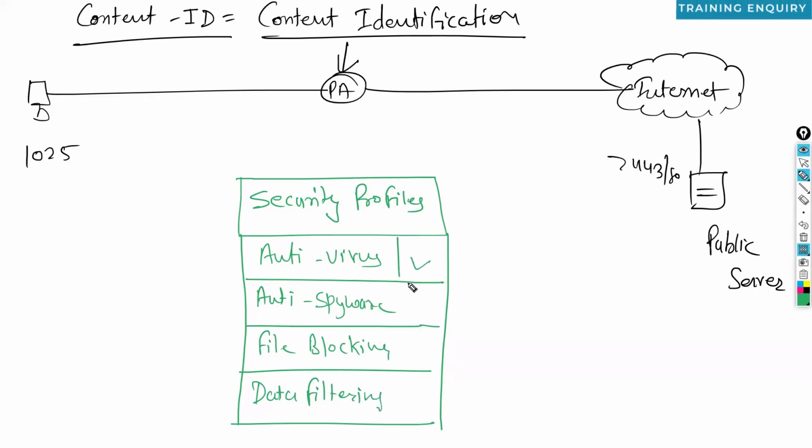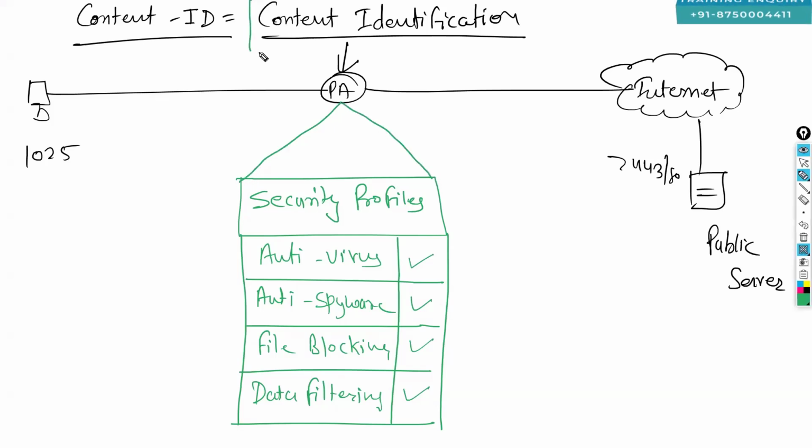So we need to enable antivirus, anti-spyware, file blocking, and data filtering profile. When we are enabling these things on Palo Alto Firewall, that will be called as content ID.